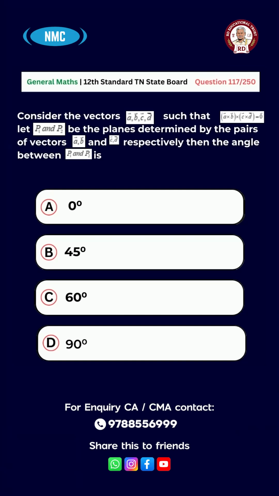Then the angle between P1 and P2 is: option A, 0 degree; option B, 45 degree; option C, 60 degree; option D, 90 degree. The correct option is option A, 0 degree.